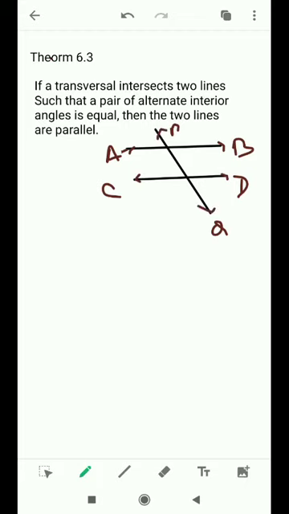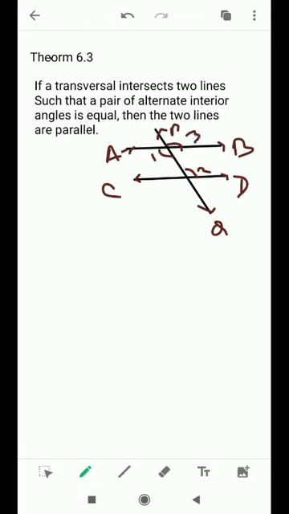So now here it is already given that one pair of alternate interior angles is equal. So suppose I am writing here this one is equal to 2. Now we have to prove that these lines are parallel. So how to prove it? Here I will take another angle, that one is 3.